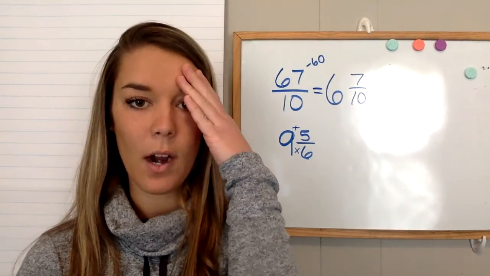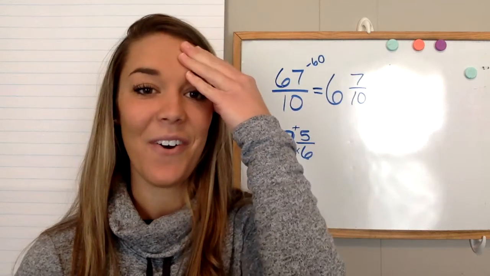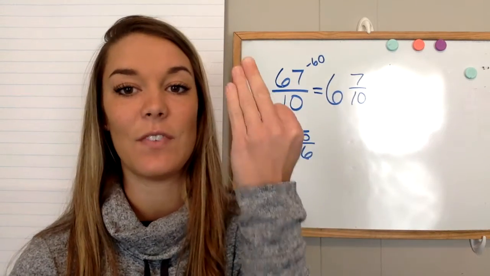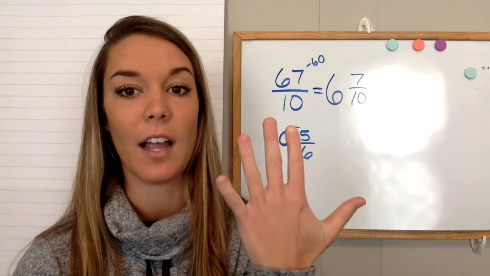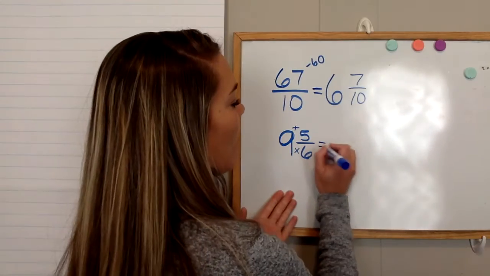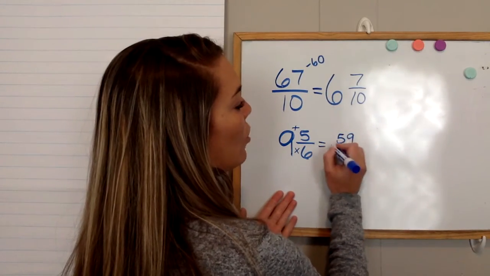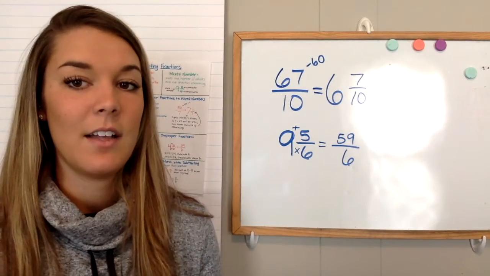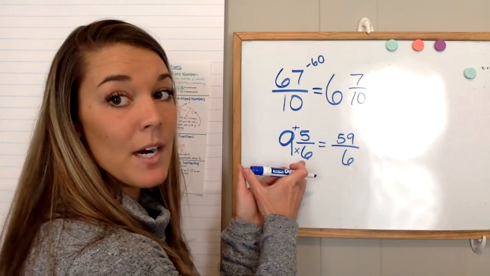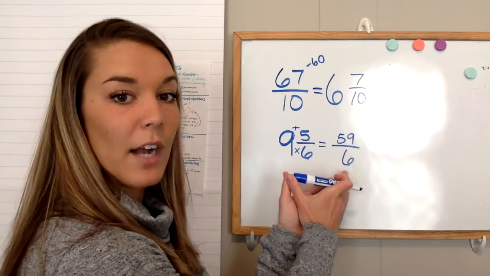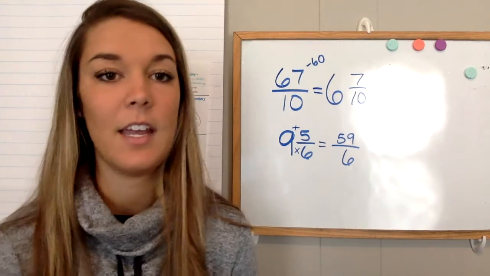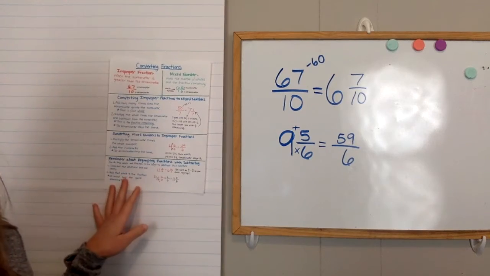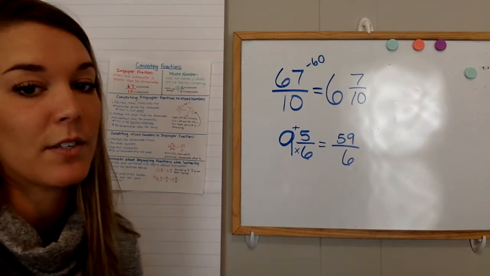So 54, 55, 56, 57, 58, 59. So that means I have 59 total parts of 6, okay? That's going from a mixed number to an improper fraction, okay? It's all written on this sheet with all the steps out if you want to just reference it.